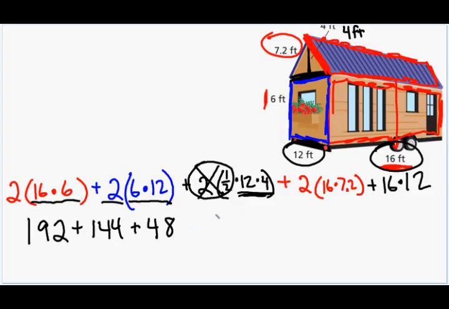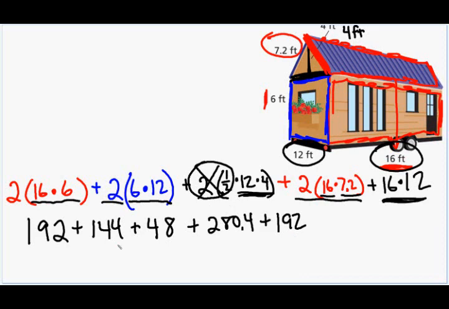And then, what do we got next? 16 times 7.2 times 2. That'll be 280.4, I believe. And then finally here, we've got 12 times 16, and that's a 192.